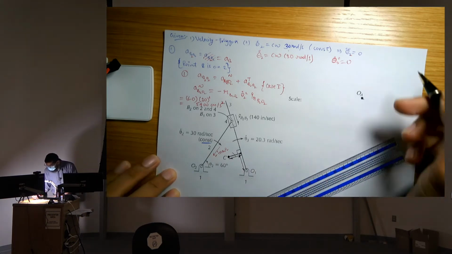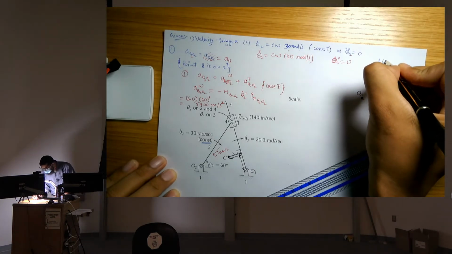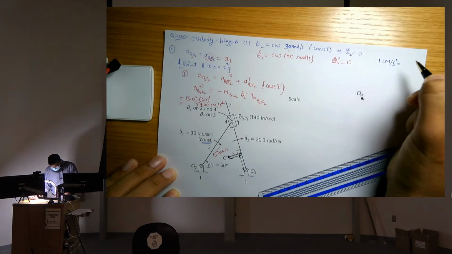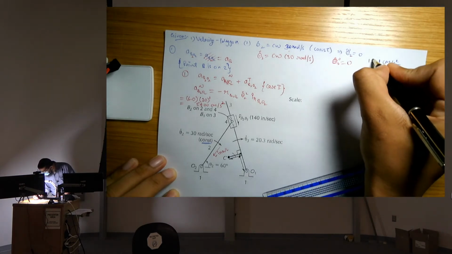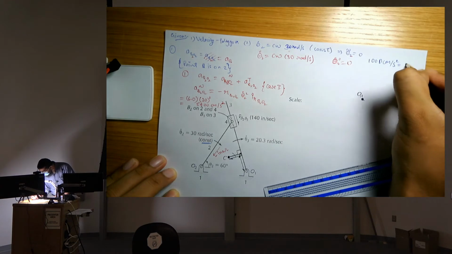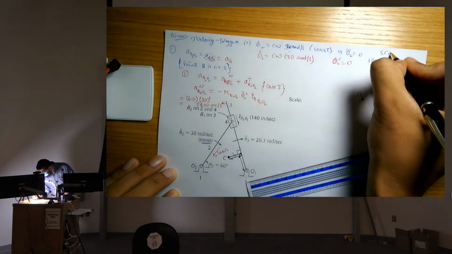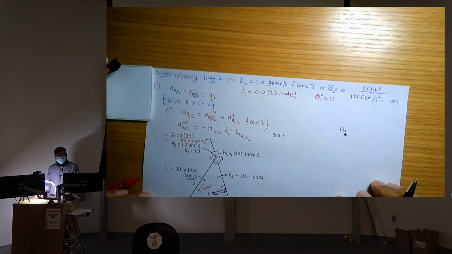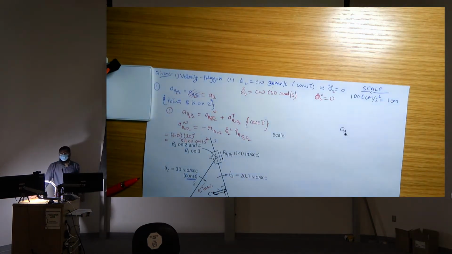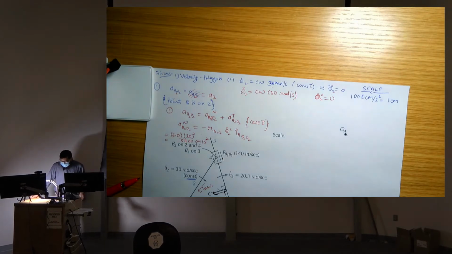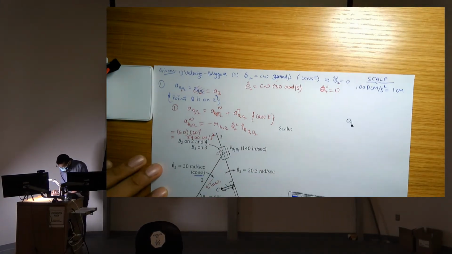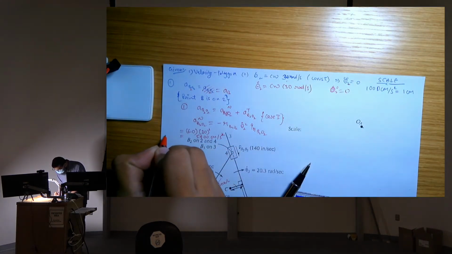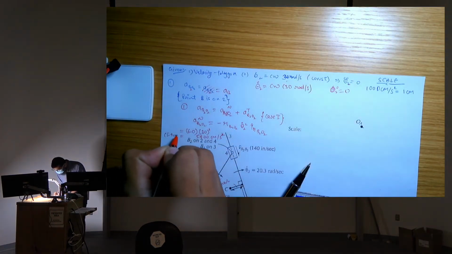So I'm going to choose a scale: 1 centimeter equals 1000 centimeter per second square. So how much would this give us? Your 5.4, so your AB2O2 would be 5.4 centimeter.